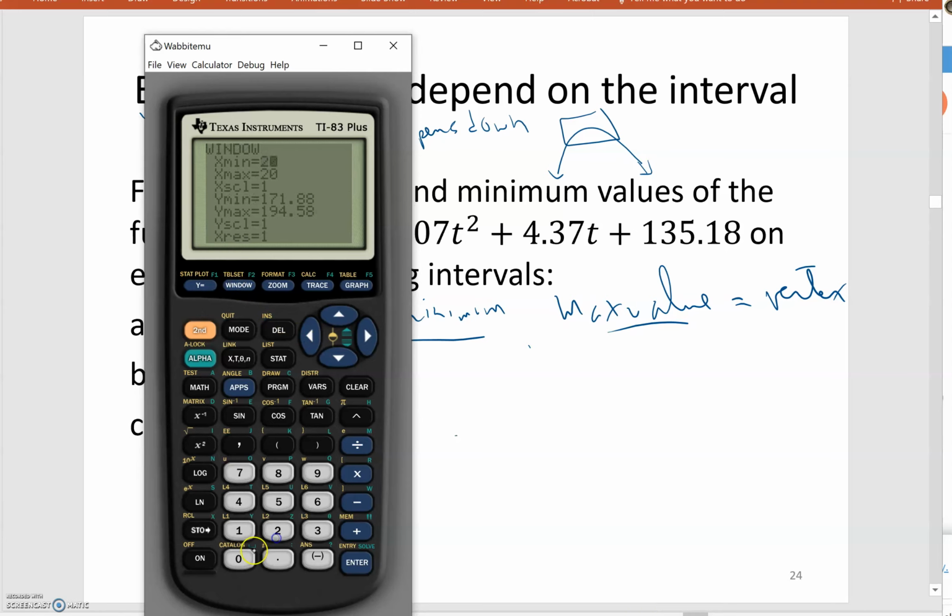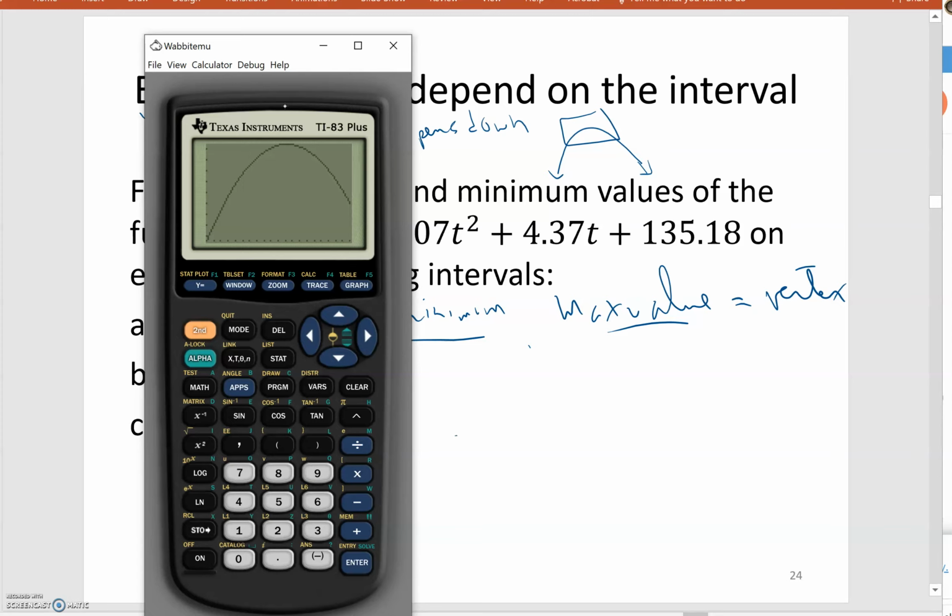Now, if we look at 20 to 40, again, we've got to graph it and see what interval we're working with here. So I'll do zoom fit with that again. And from 20 to 40, I actually see the vertex. So that answers one question. The maximum from 20 to 40 is going to be the y-coordinate of the vertex, which we've already found. So to get that, we would do calc max.